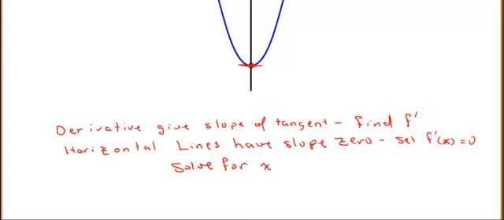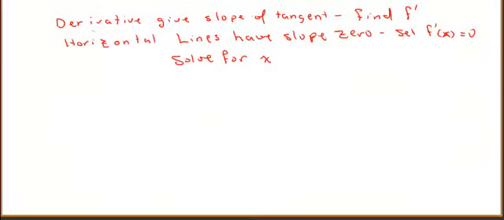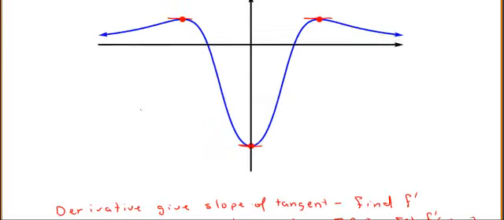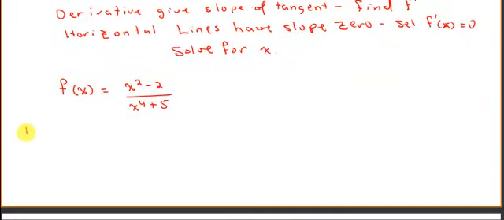All right, let's look back. We recall what our function is. We have f of x is x squared minus 2 over x to the fourth plus 5. So the first step is find the derivative, f prime of x. Since this is a quotient, we'll use the quotient rule.